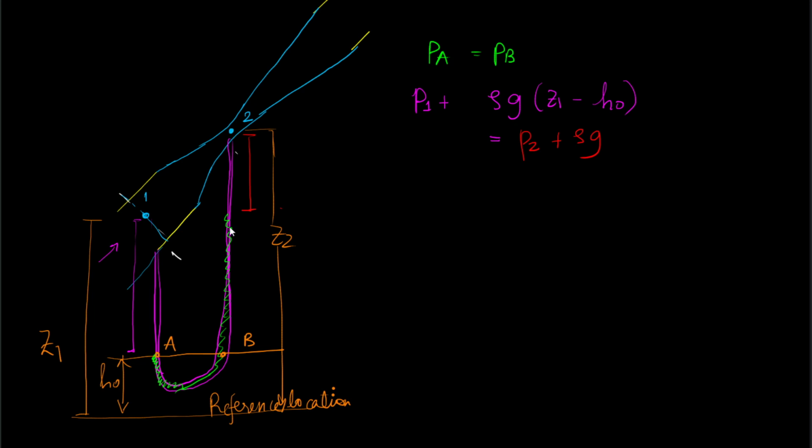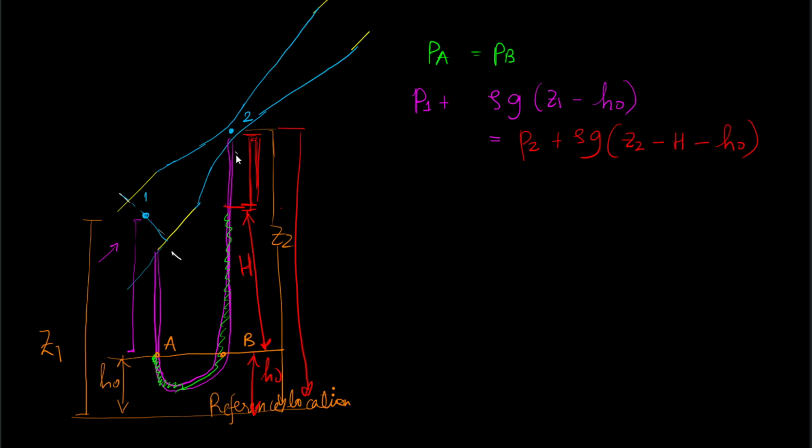Let me call this particular height capital H. So this particular height becomes Z2 minus capital H minus H naught. So Z2 is this entire height minus H plus H naught. H plus H naught is essentially this height. So this is H naught, and that gives us this particular height.